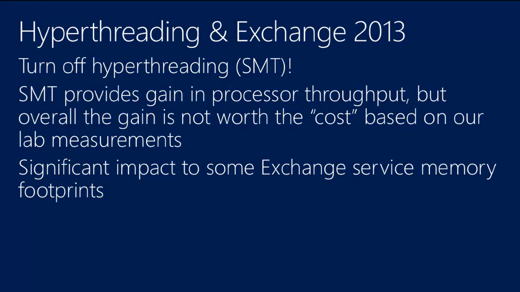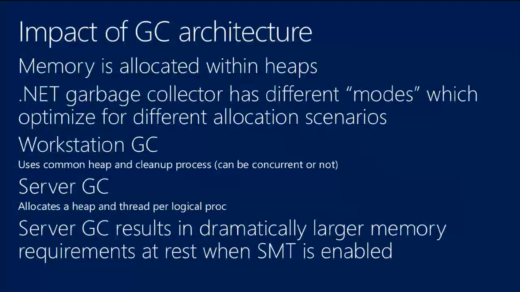In order to basically provide high-efficiency allocation of memory, the server garbage collector in the .NET framework allocates heaps per logical CPU on the box. So if I have a box with 16 physical CPU cores, it's going to look at that and say, OK, I have 16 CPUs. I'm going to allocate 16 sets of heaps. And that way, each one of those processors can be doing allocation work simultaneously. That's what's happening behind the scenes.